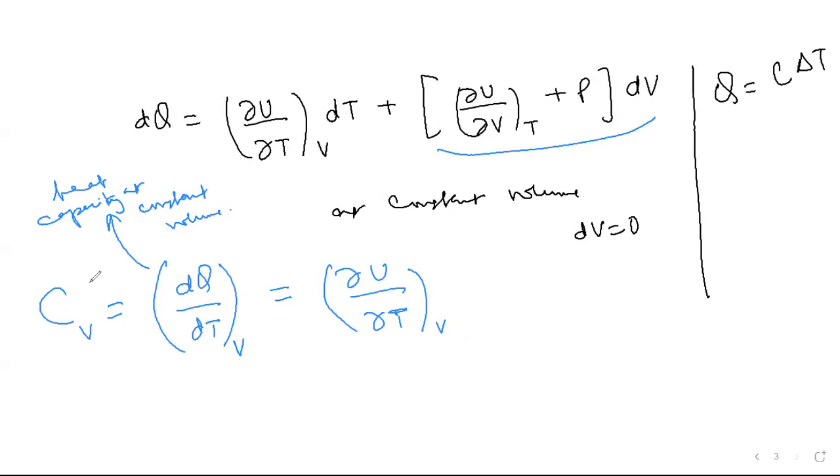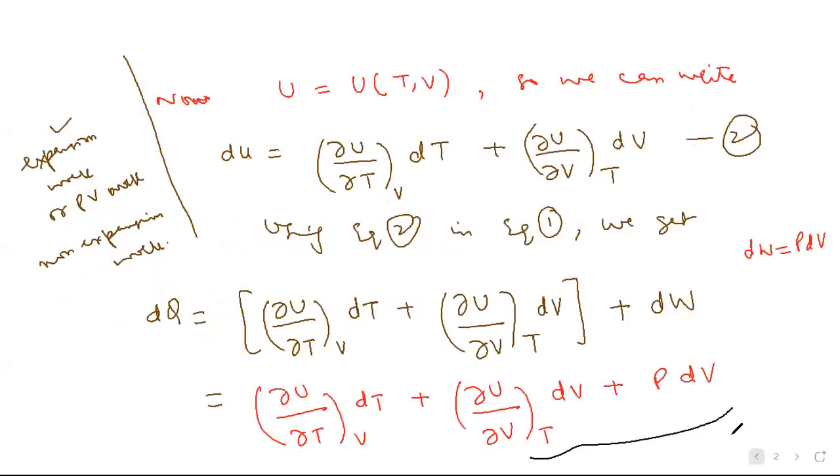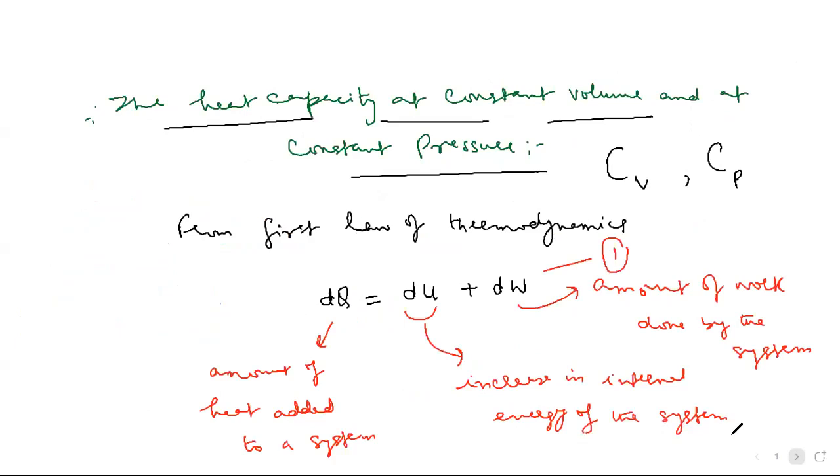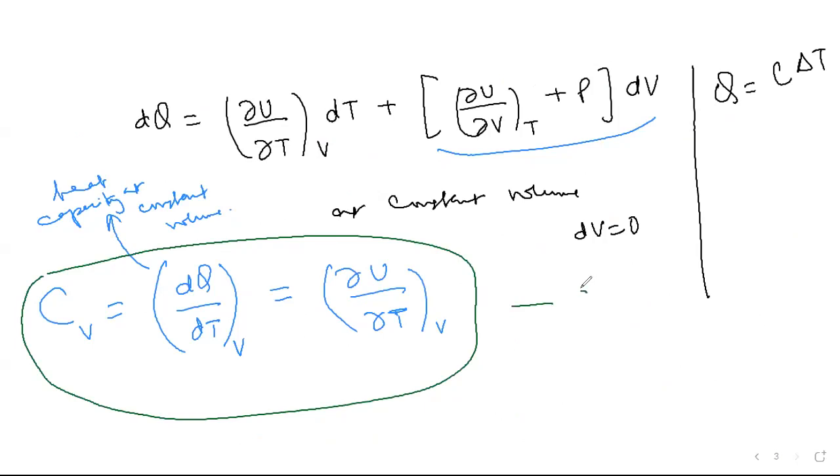Let me encircle it and name it as equation 3. This is my equation 3. Now, if you're talking of specific heat, then you take 1 kg of the substance. You take unit mass of the substance, then it becomes specific heat that we have discussed in the last lecture.